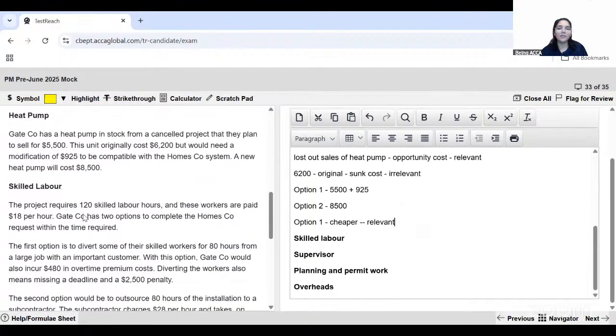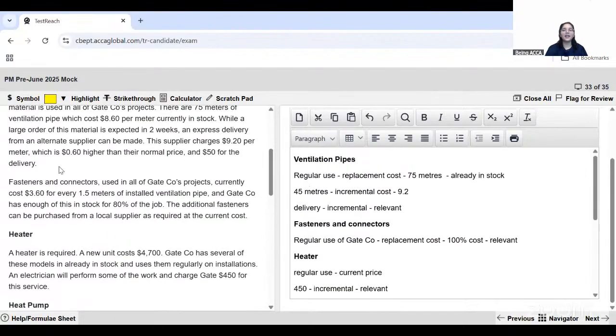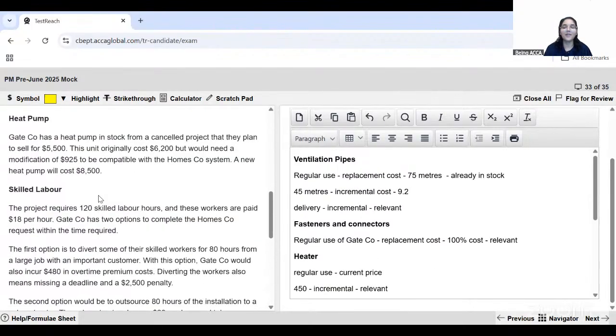Then let's talk about the skilled labor. Obviously, here, guys, one thing I would want to clarify is that this is something which I am showing as part of the explanation to you people. This is not the right presentation for your final exam. For your final exam, you always have to put your answers in proper sentences. Here, I'm just explaining and letting you know how you're going to frame your answer.